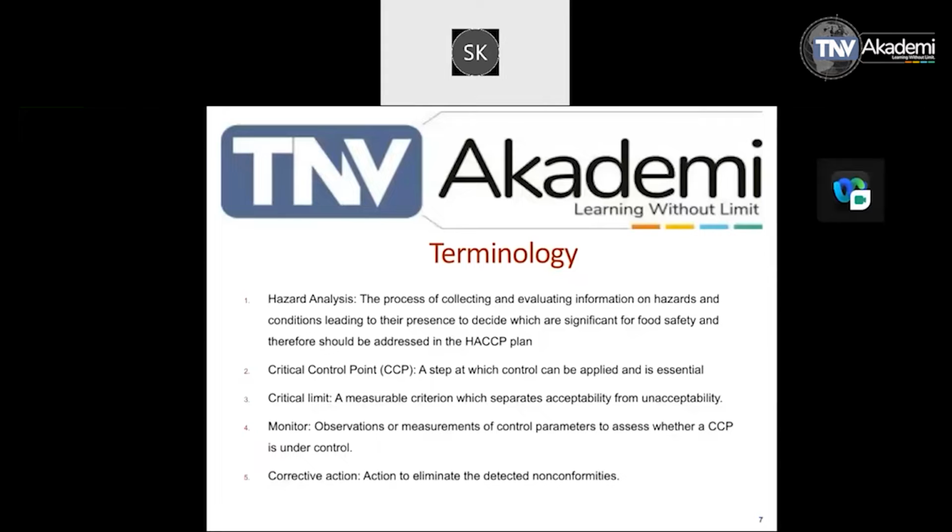So these are the criteria for the terminology used in the HACCP plan. And the last is corrective action. These are actions to eliminate the cause of a detected non-conformity.